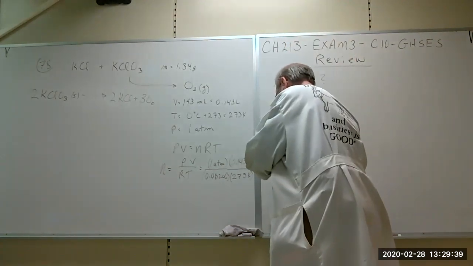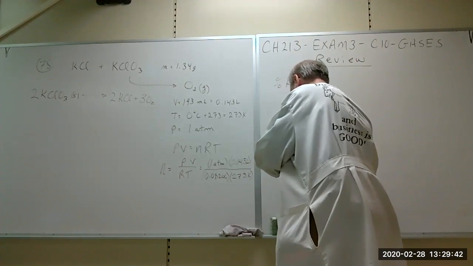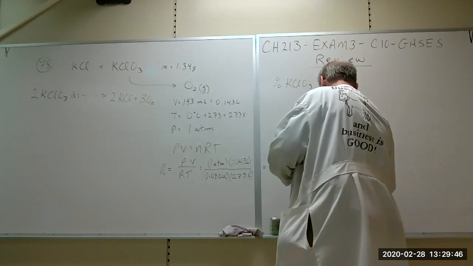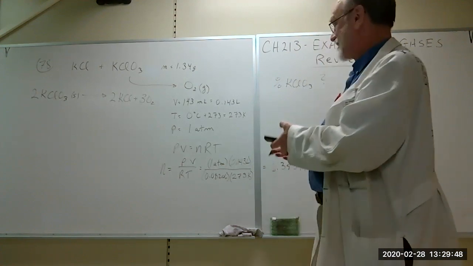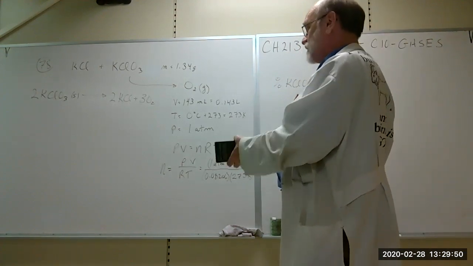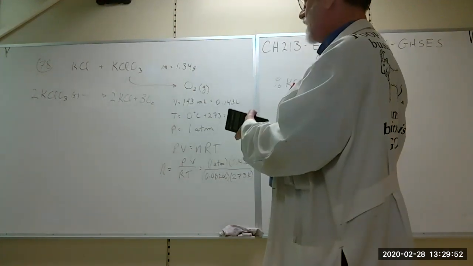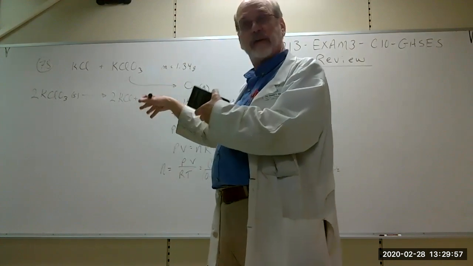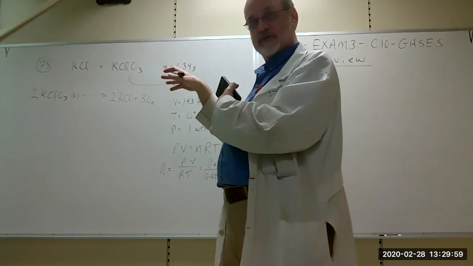It's 6.383 times 10 to the minus 3 moles of oxygen. Okay? So now that we know how many moles of oxygen were produced, we can find out how many moles of potassium chlorate was there to produce it.